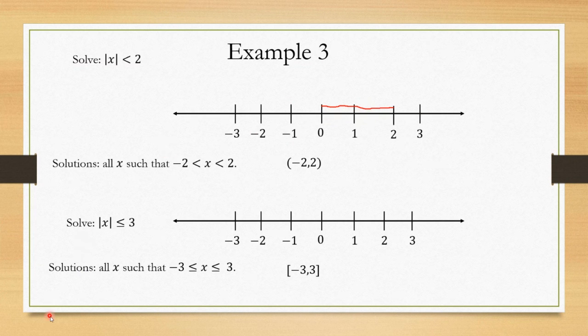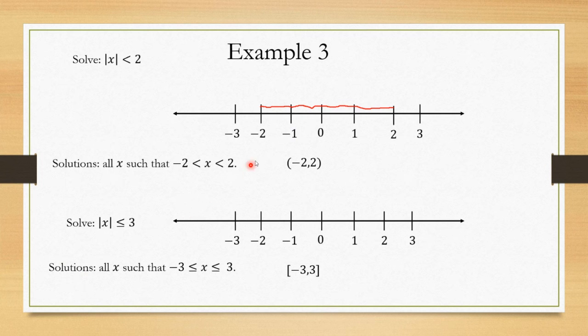Now, are those the only numbers? Well, no. What if we went the other way? What if we went to the left? It'd be the same thing, right? We're less than 2 units from 0, almost there, and oh, we stop, right? We stop at -2. Because again, everything here, all the numbers between 0 and -2, they're less than 2 units from 0.